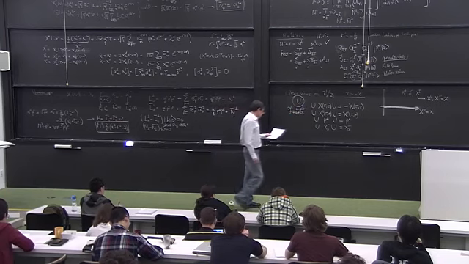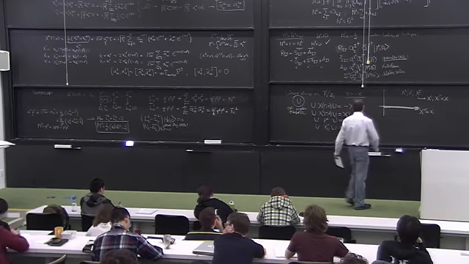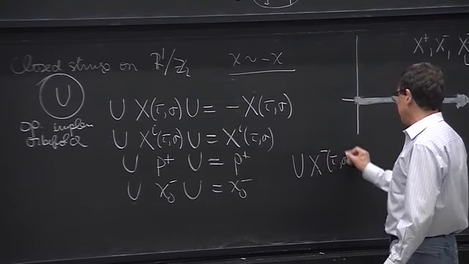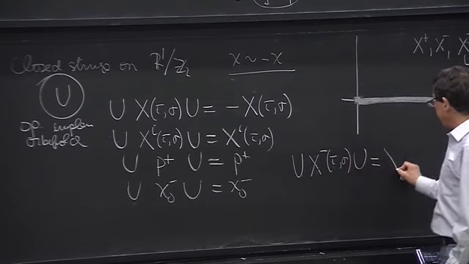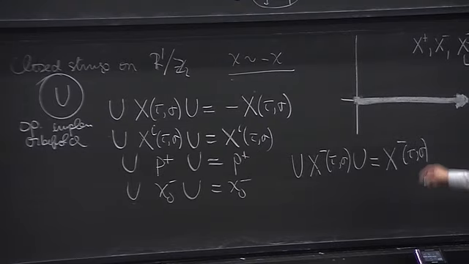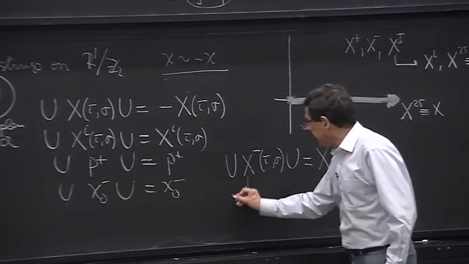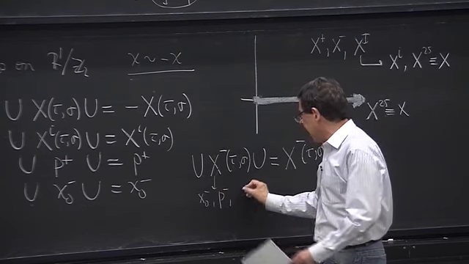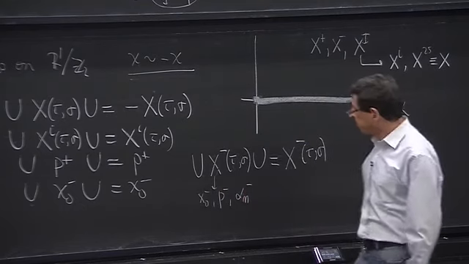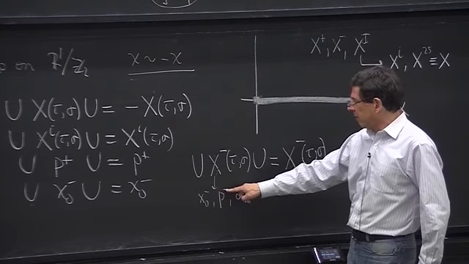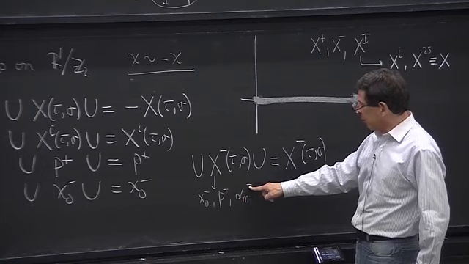And the reason it doesn't do anything to x minus, so U x minus of tau and sigma U inverse, we claim, is x minus of tau and sigma. It's because x minus is determined by x0 minus, p minus, and the alpha n minuses. P minus is related to L0, which is a Virasoro, and alpha n minus is a Virasoro.